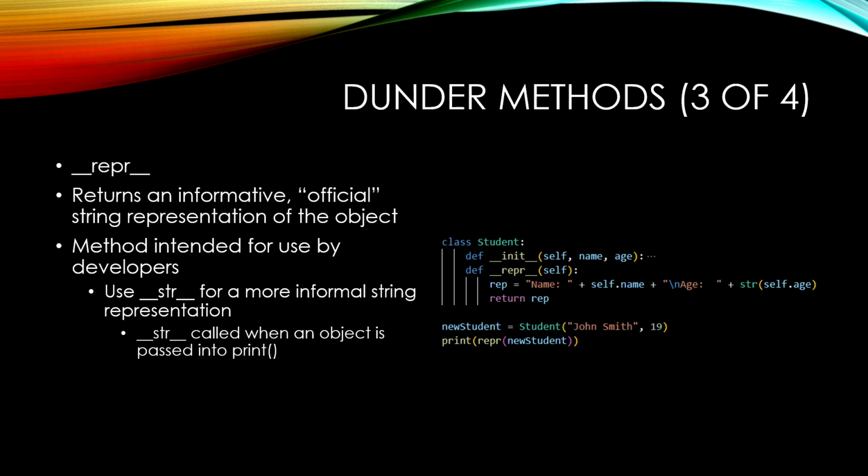They both technically do the same thing: they return a string representing an object of a class. But generally speaking, repr returns a more official representation, whereas string returns something that's a bit more for human eyeballs.